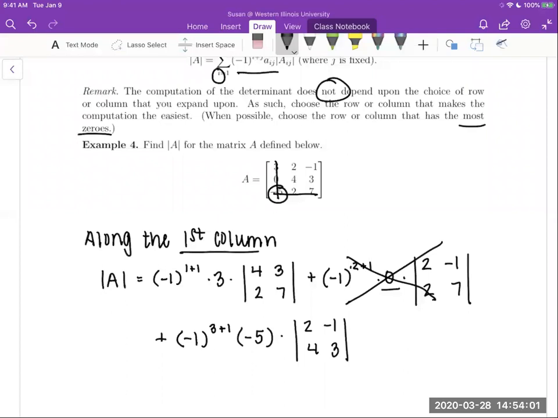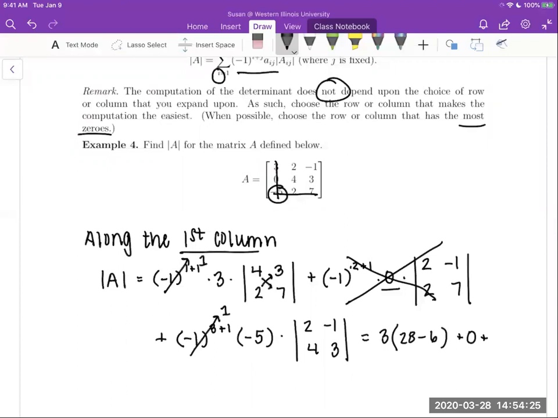So I'm just going to note here that this term is equal to 1 and this term is equal to 1. It's a -1 squared and a -1 to the 4th. So both of those are 1. So what we have is 3 times, let's compute this determinant. 4 times 7 is 28, minus 2 times 3 is 6. Then the next term was 0.